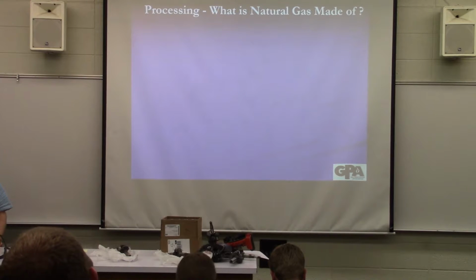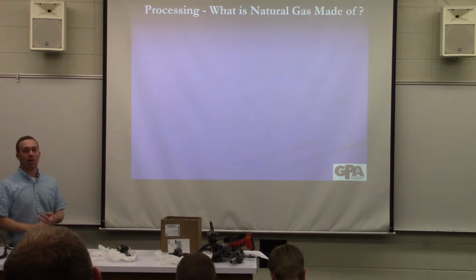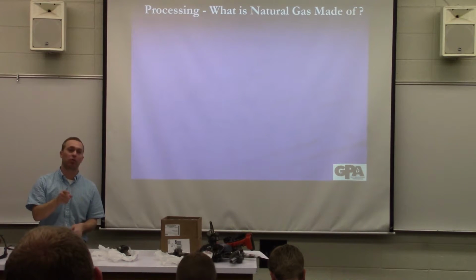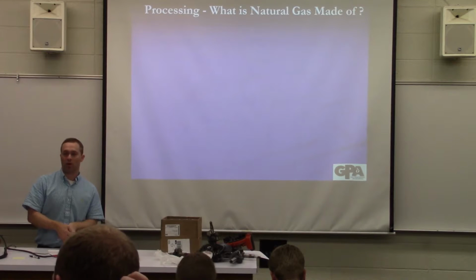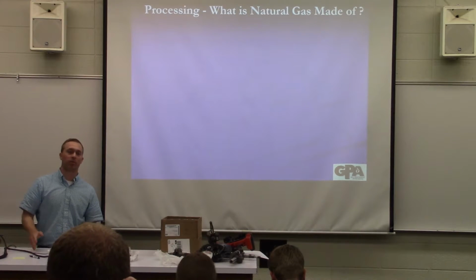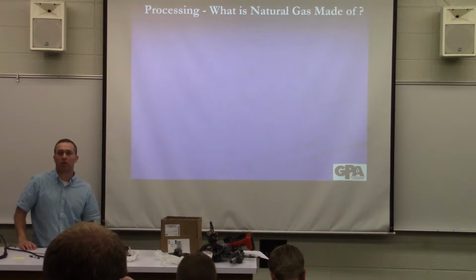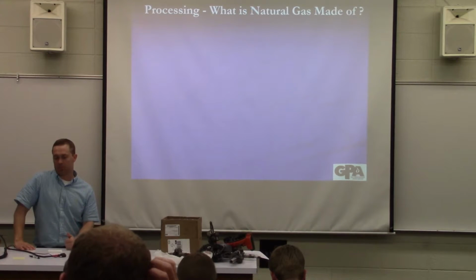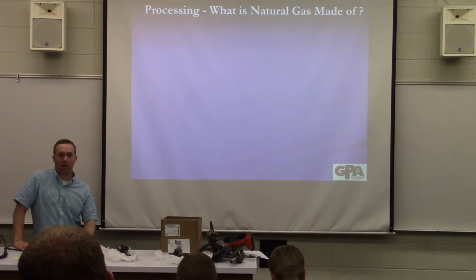Trace amounts, few percent, what do you think? 2%? So 2% is actually, a lot of interstate pipelines have a spec of 2%. And so if you're above that, you may have to do some processing to remove carbon dioxide. If you're below it, you might not need to.